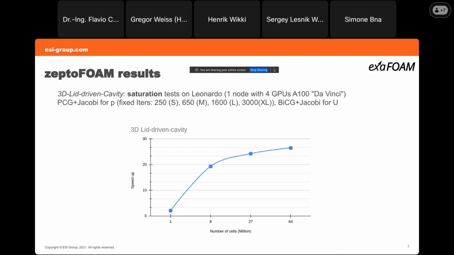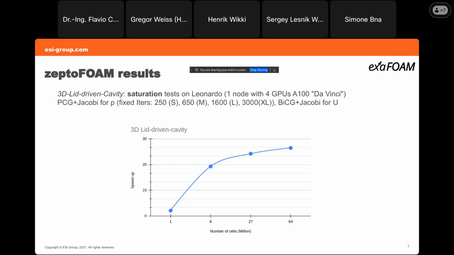For example, we run on a 1 GPU node of Leonardo, the current supercomputer we have here in CINECA, and we perform a saturation test by running the lid-driven cavity from the case S with 1 million cells to the XL case with 64 million cells.